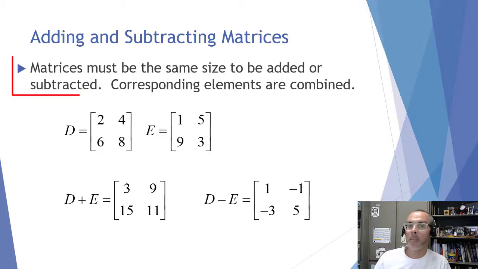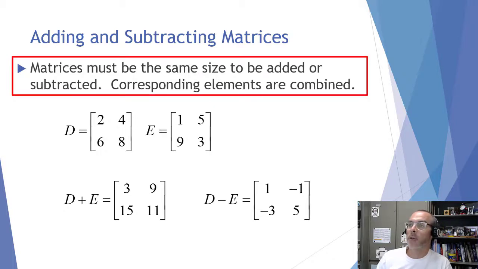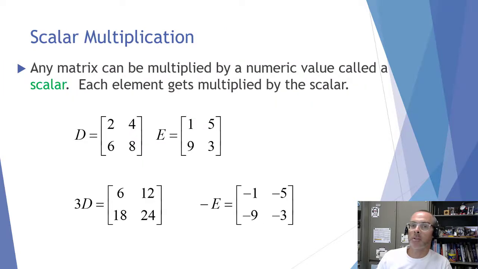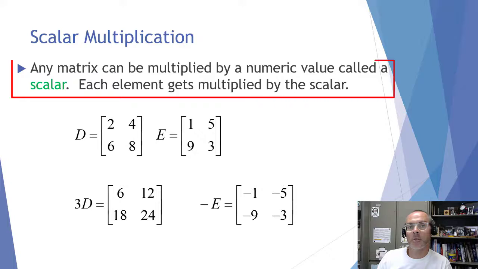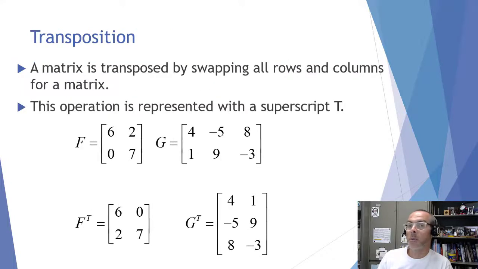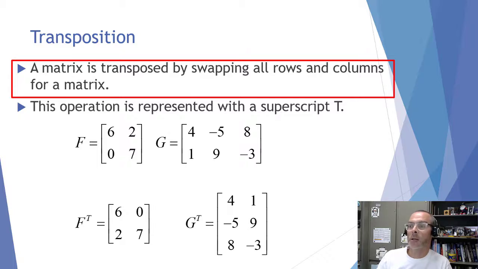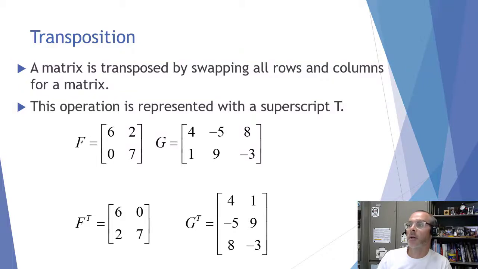We can combine matrices by simply combining the individual elements through addition or subtraction, but only if the matrices are the same size, so that every element has a corresponding element to be combined, added, or subtracted with. And scalar multiplication simply takes all the elements of a matrix and multiplies it by a positive or negative scalar. We transpose a matrix by switching the rows and columns, and if it's not square, that will change the size of a matrix. If the matrix is square, transposing it will leave it as being square.